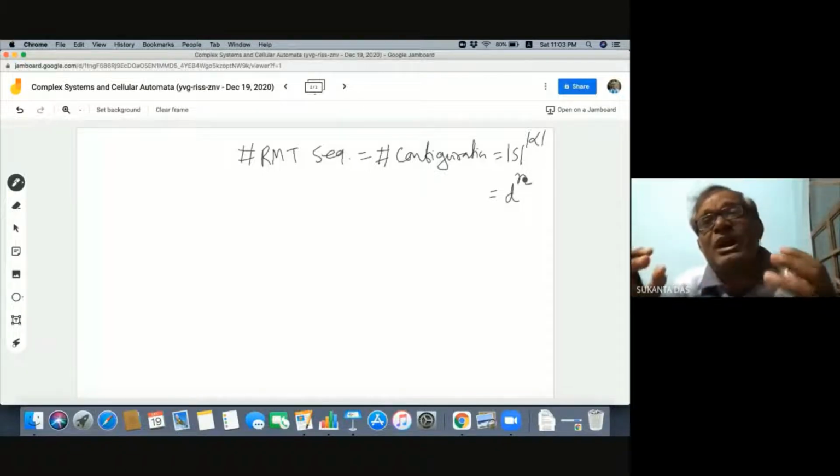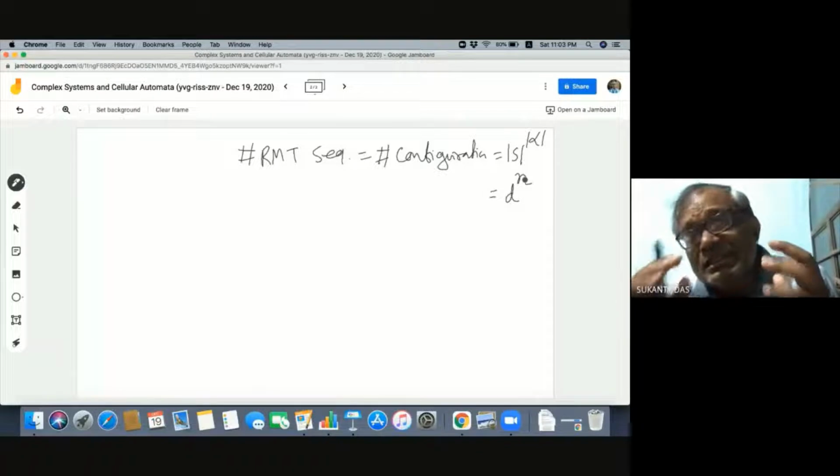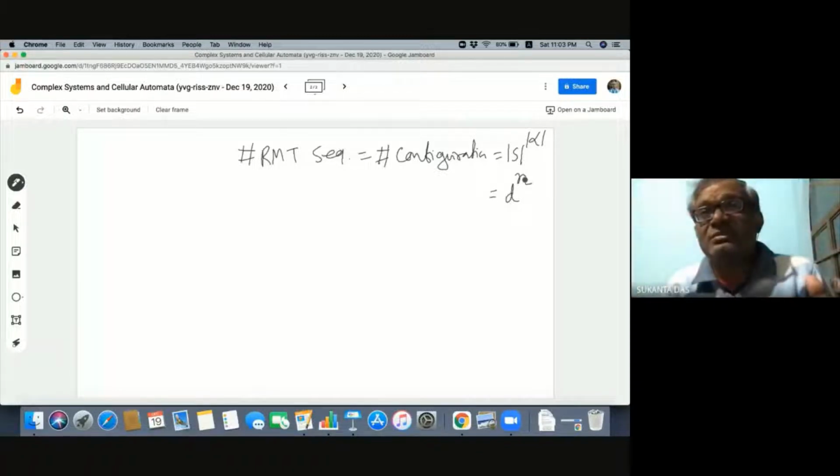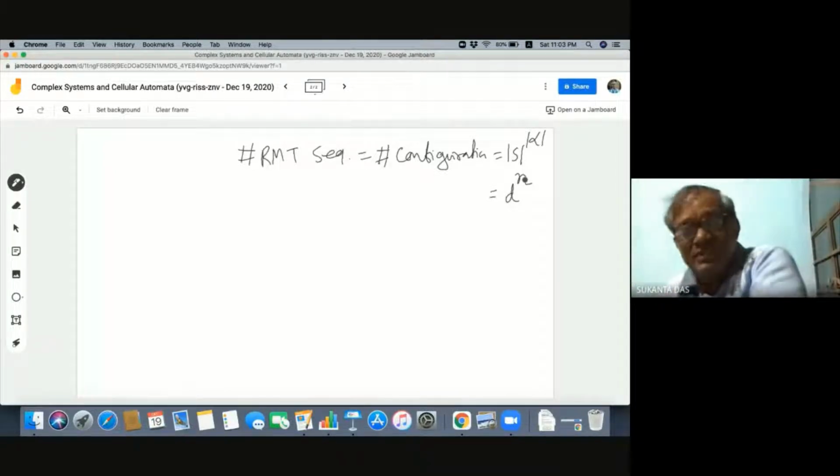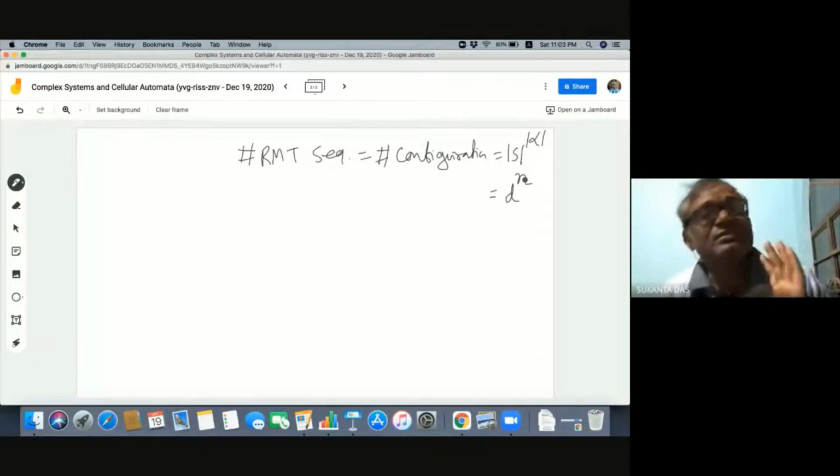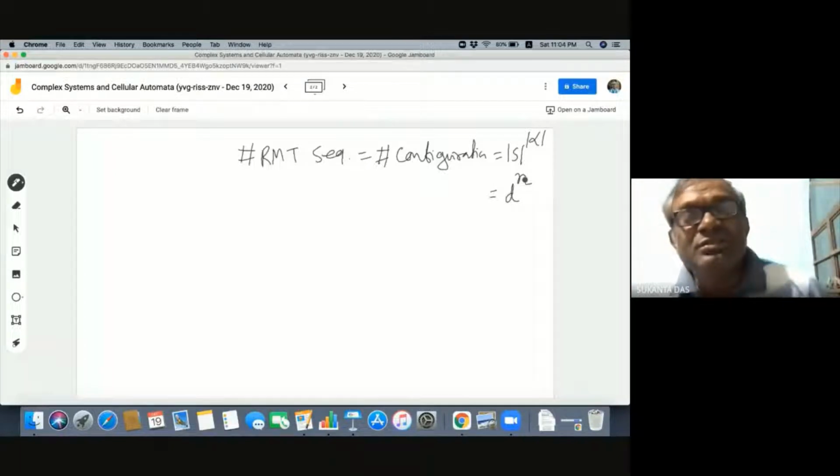So, an RMT sequence is a sequence of RMTs. The question is, can we get an RMT sequence which represents some configuration by arbitrarily putting RMTs? The answer is no. You cannot put the RMTs arbitrarily.